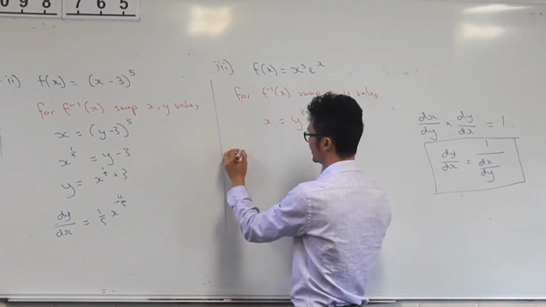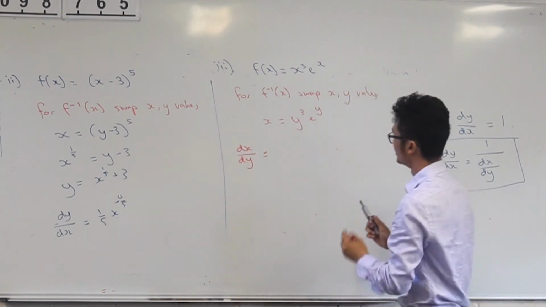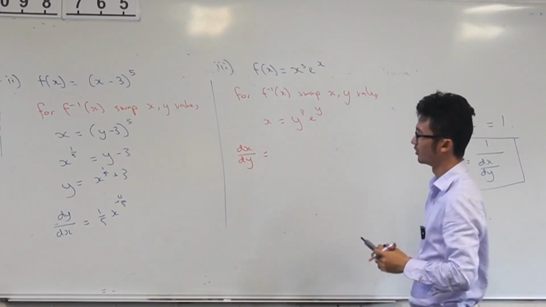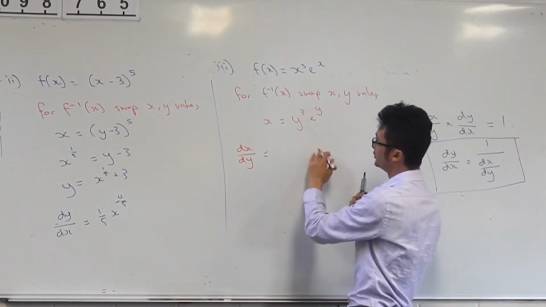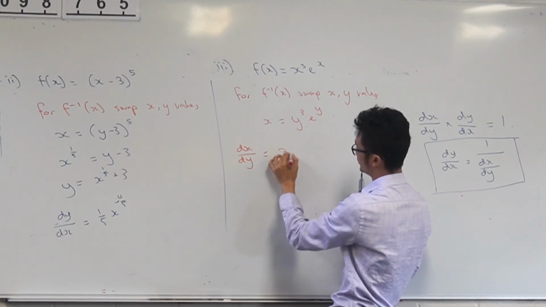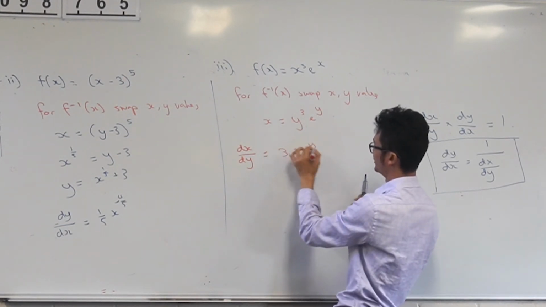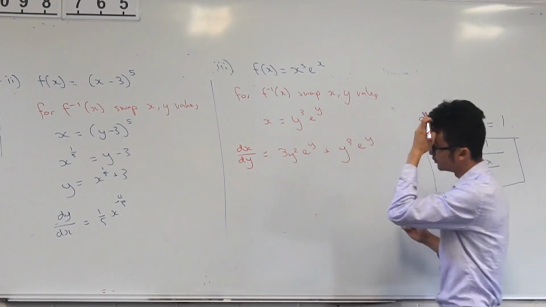And so I can actually find dx/dy in this way. So dx/dy will be equal to, now just be careful here because you are going to have to use product rule because you've got two functions multiplied together, right? But when we do that, I'm going to get 3y squared. It's interesting because I've got e to the y here, so that'll make things quite nice and easy, wouldn't it? So that's me using product rule.